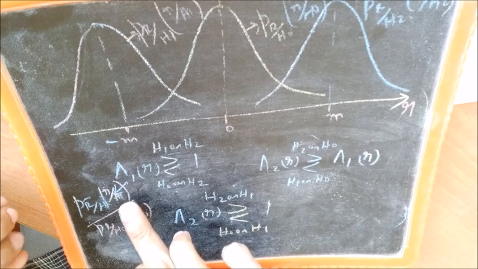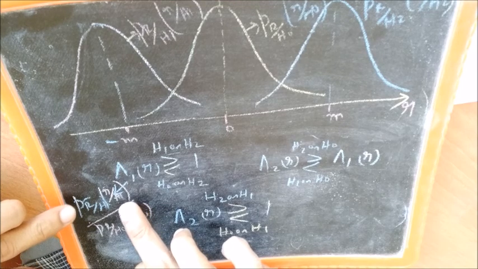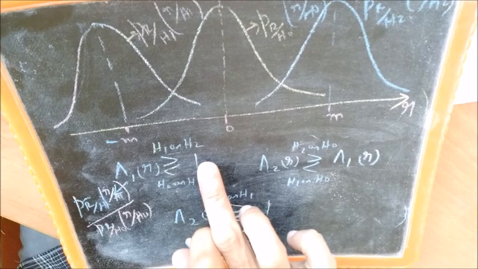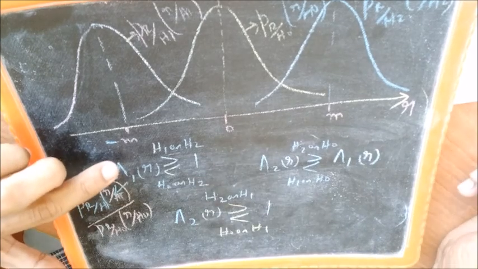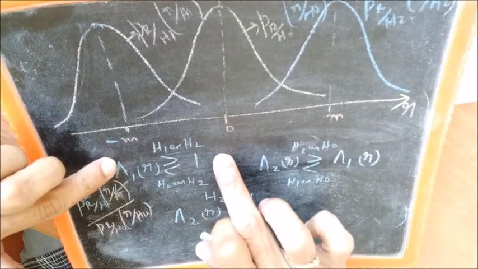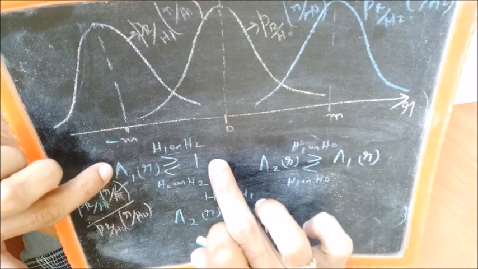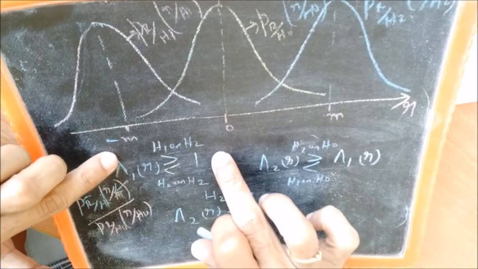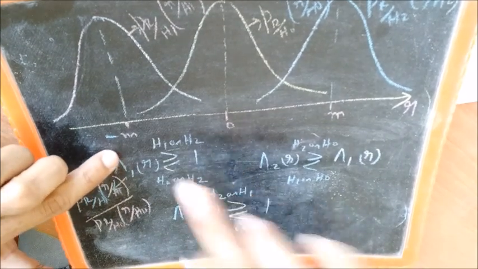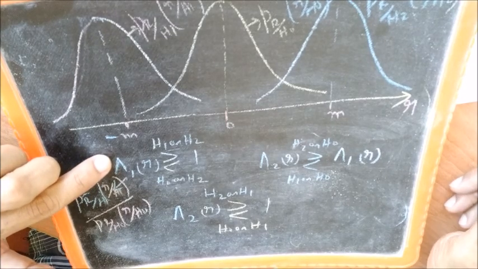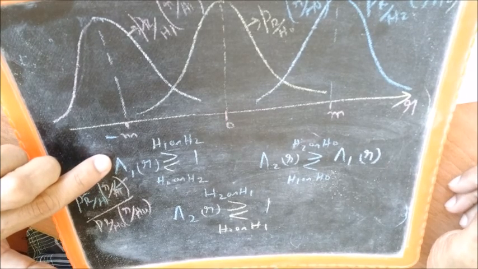So whenever PR given H1 is more than PR given H0, we are saying either H1 or H2. Because if I take the denominator over to the other side, basically this becomes a comparison between PR given H1 and PR given H0. And when PR given H1 is more than PR given H0, we declare either H1 or H2.